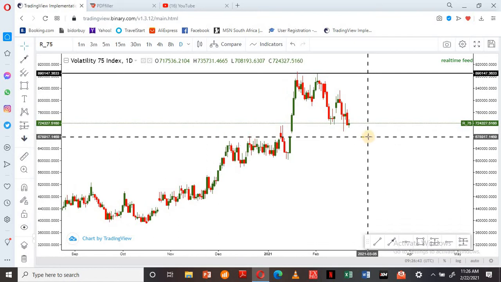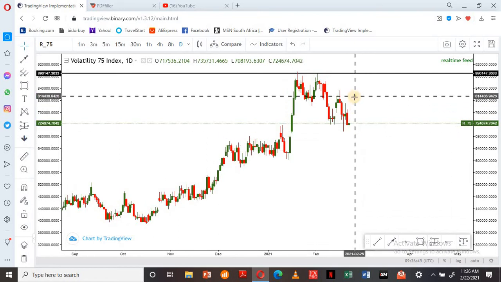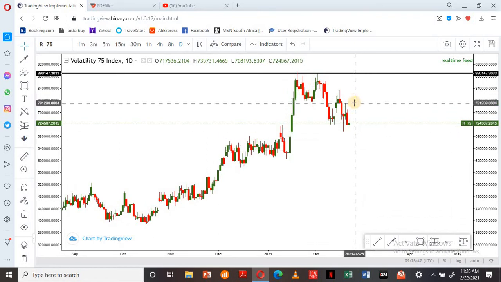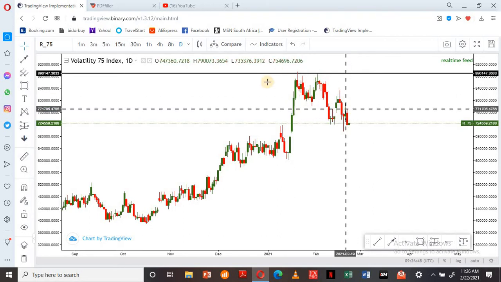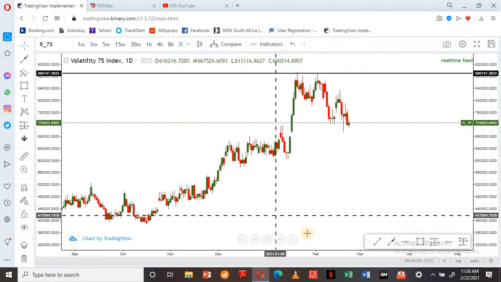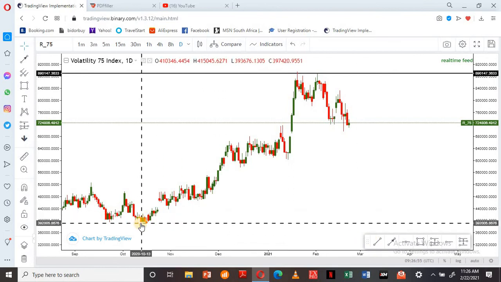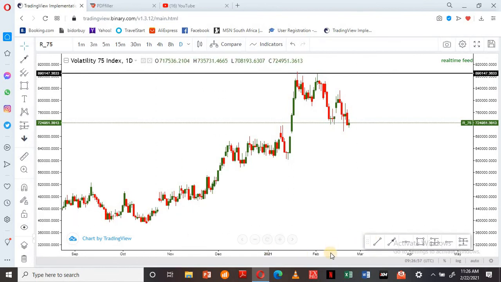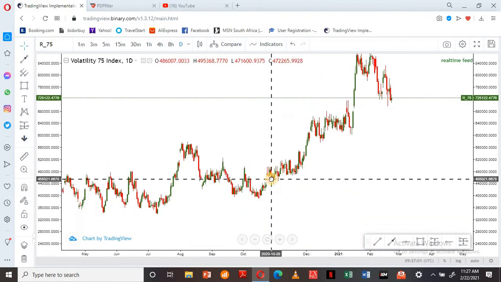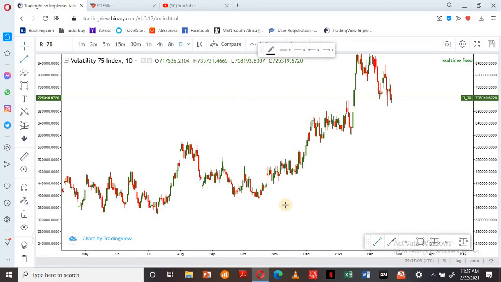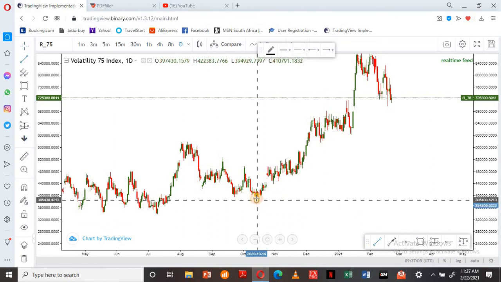So the only thing that you can do here is check the market structure. Let's try to draw a trend line here on the daily.